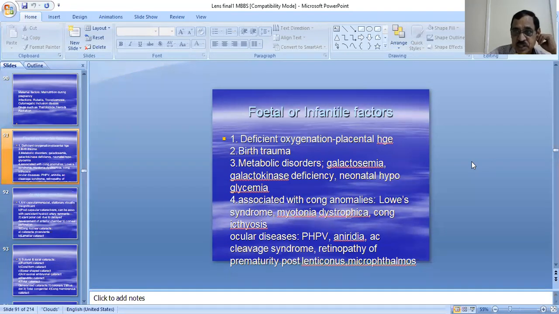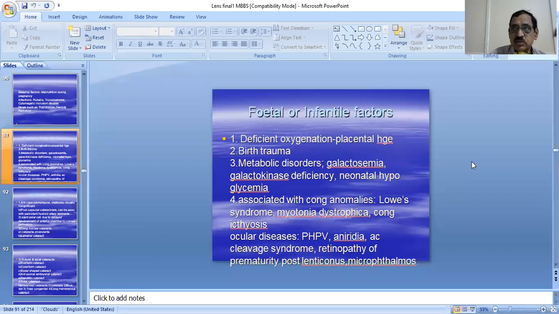The first and foremost is deficient oxygenation due to a placental hemorrhage during placenta previa or abruptio placentae, which can give rise to cataract formation in the newborn.